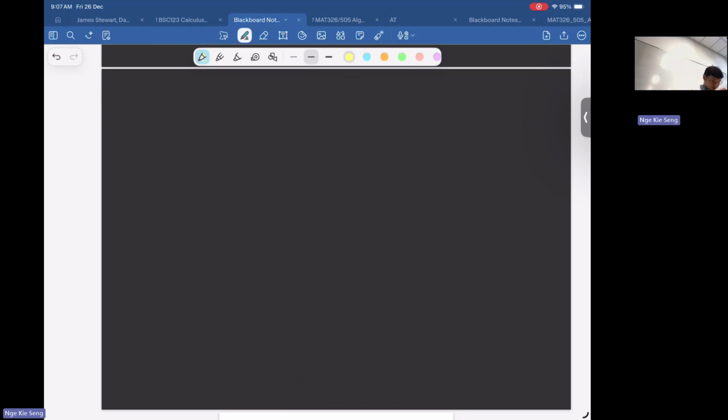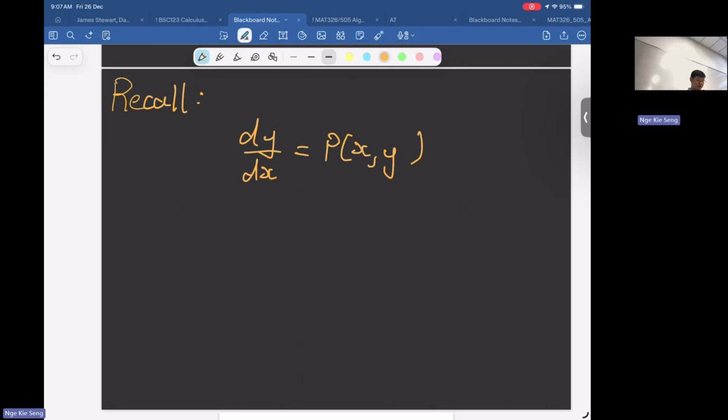Okay, so let's recall a bit of what we did on Wednesday. On Wednesday, we looked at differential equations, possibly written in the variables x and y, so that given any x, y, you can label the tangent, right?